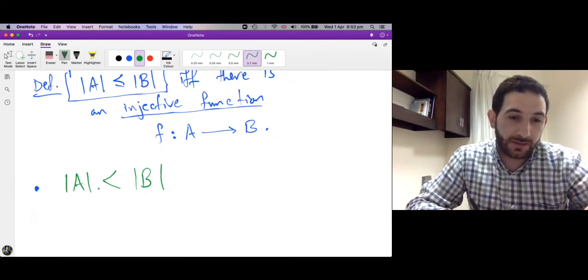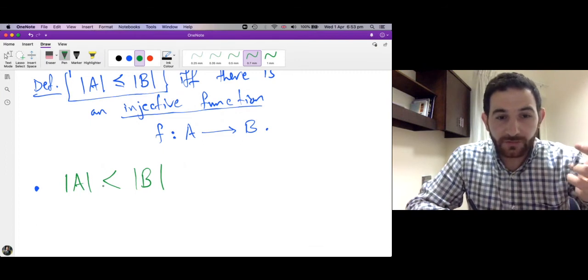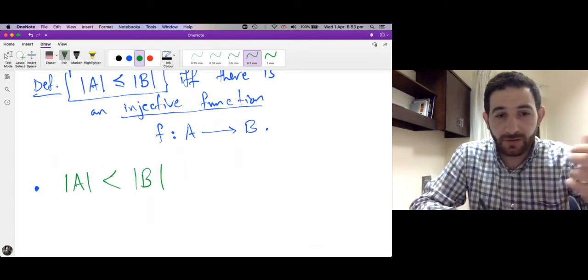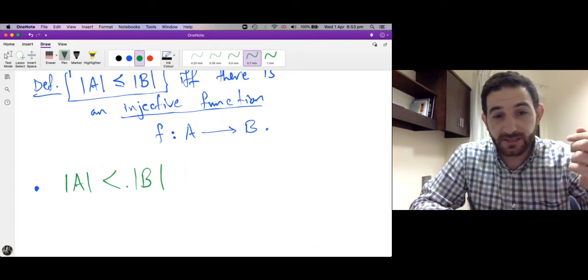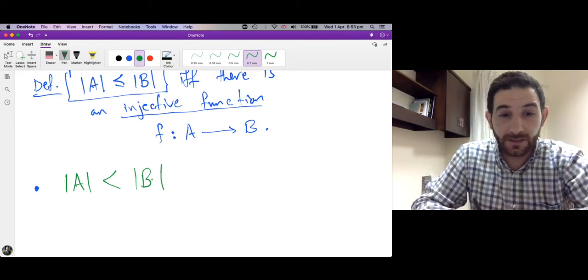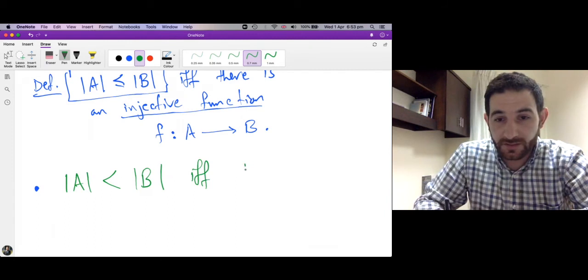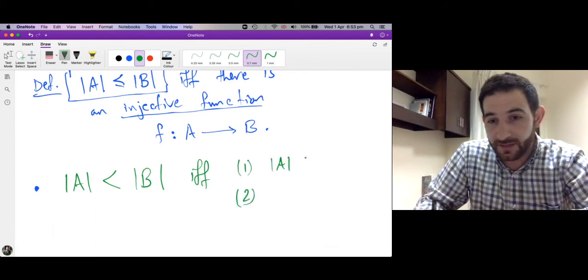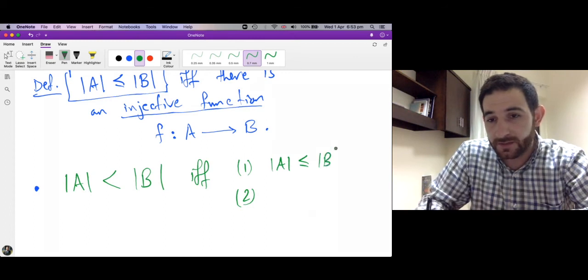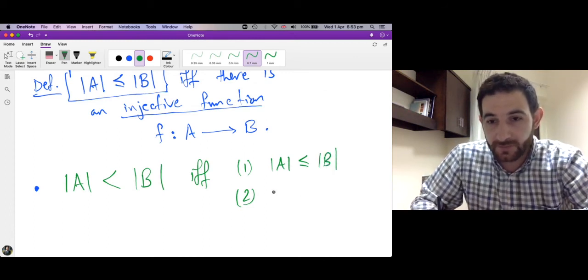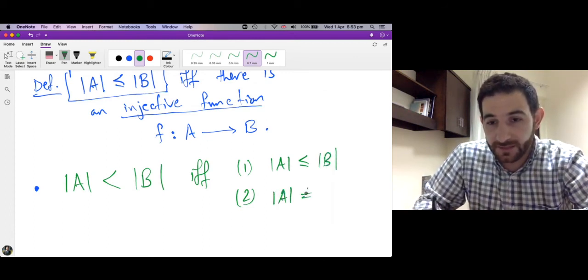We need a precise way to define what we mean by the size of an infinite set being strictly less than the size of another set. It means, if and only if, two things are true. One, that the cardinality of A is less than or equal to the cardinality of B, and two, that the cardinality of A is not equal to the cardinality of B.